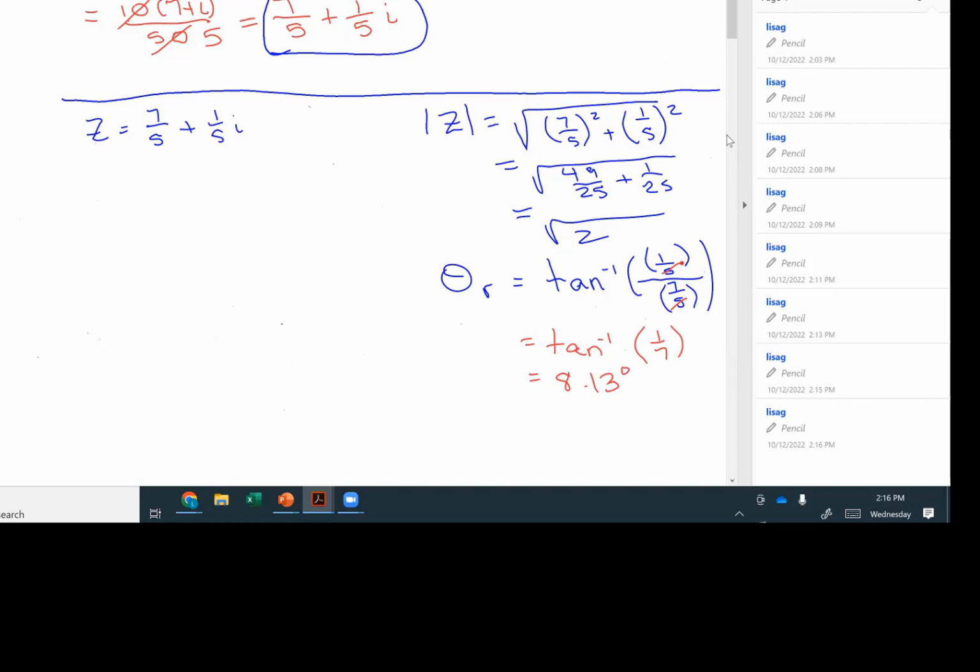Since this is in quadrant 1 and my reference angle is in quadrant 1, everything is correct. In polar, I can write this as the square root of 2 at an angle of 8.13 degrees.